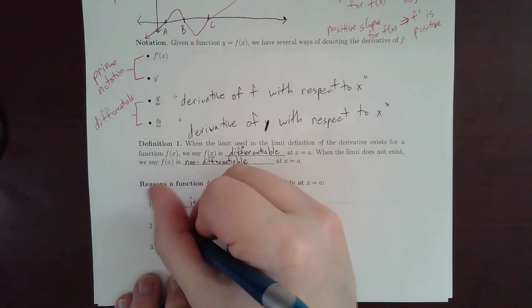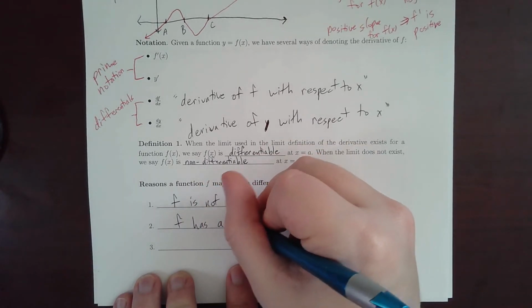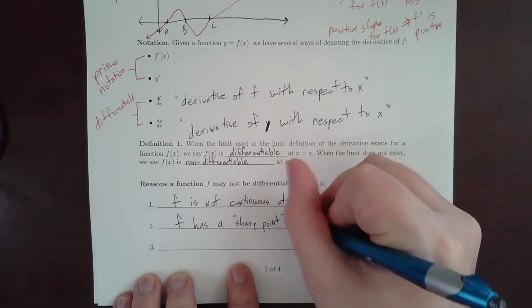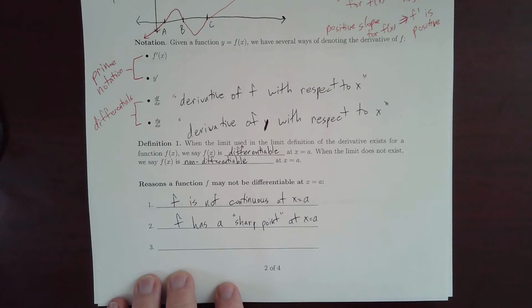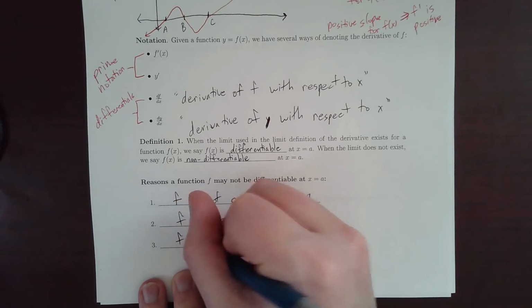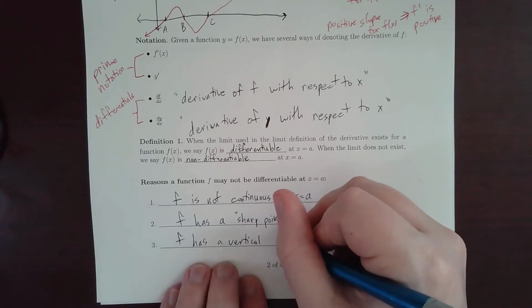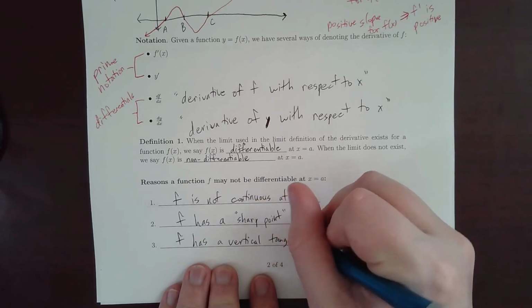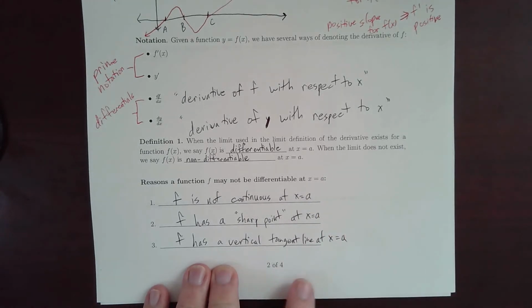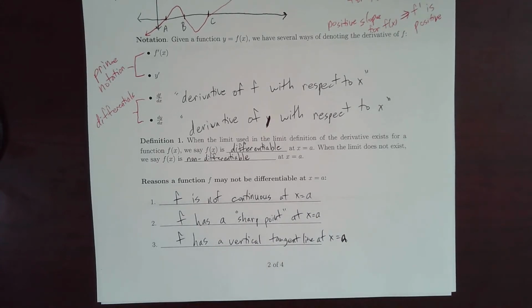Another might be if the function f has a sharp point at x equals a, and one more reason might be that f has a vertical tangent line at x equals a.